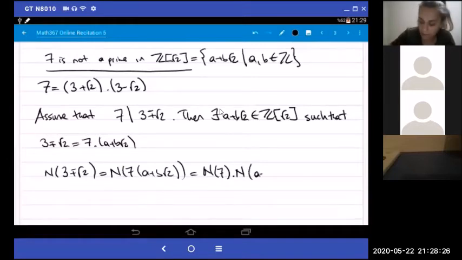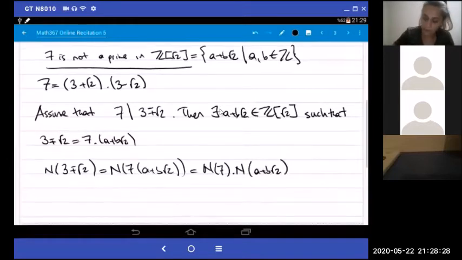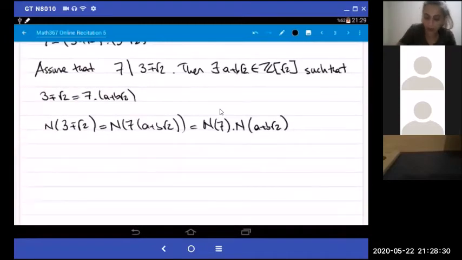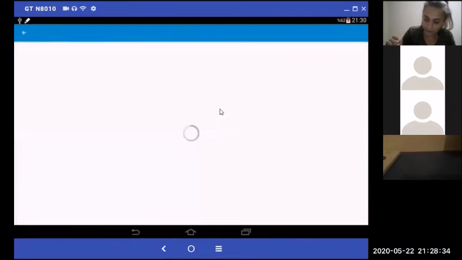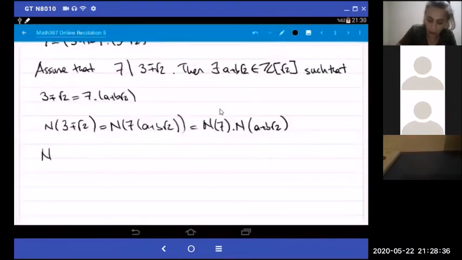Okay. Now what we have is the norm of 3 plus root 2. What is it? This is 3 squared minus 2 times 1 squared, right?